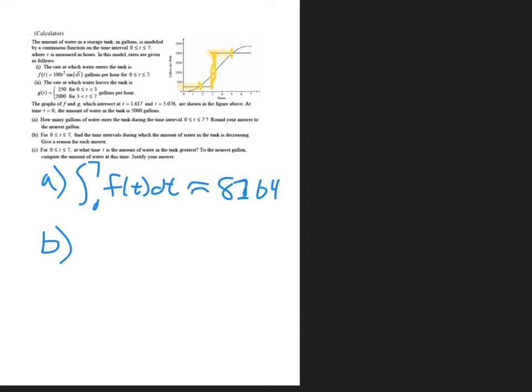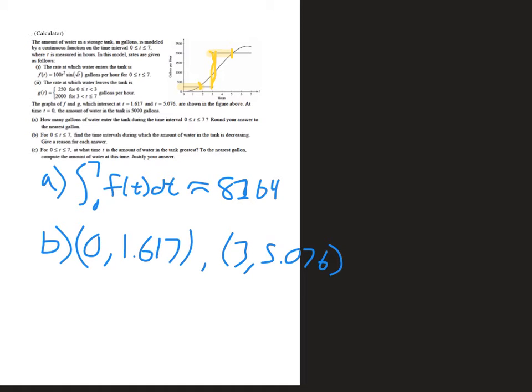So the rate out should be greater. We're decreasing from 0 to that first intersection point, which they tell us is 1.617, and then also from 3 to the next intersection point, which is 5.076.